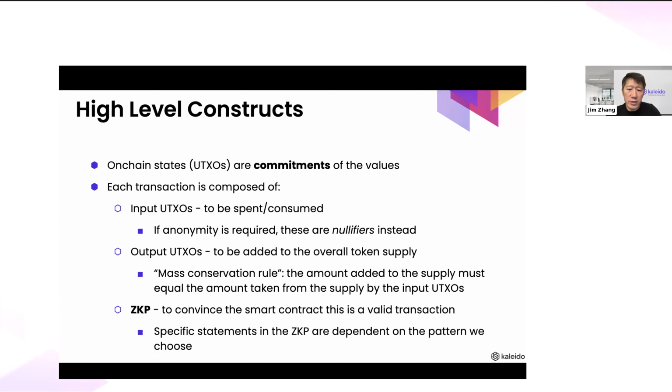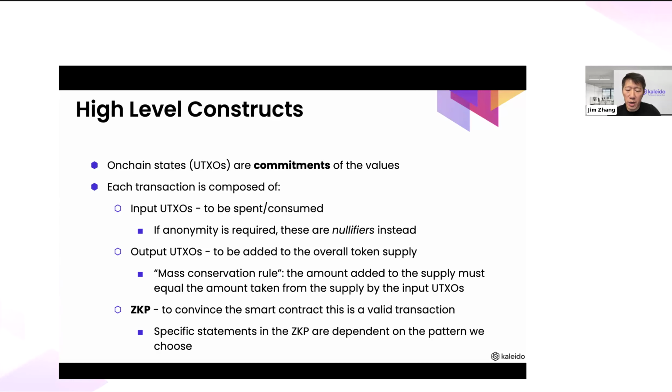For the output UTXOs, they just get constructed to be new UTXO hashes, and they must obey the mass conservation rule, meaning the sum of the input UTXO values and the sum of the output UTXO values must be equal. And finally, zero knowledge proof is a critical part of this because, as you can see, the transactions are just a bunch of hashes, right?